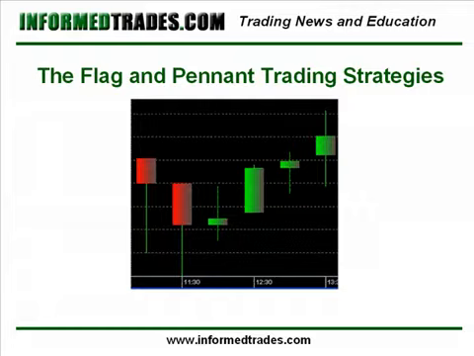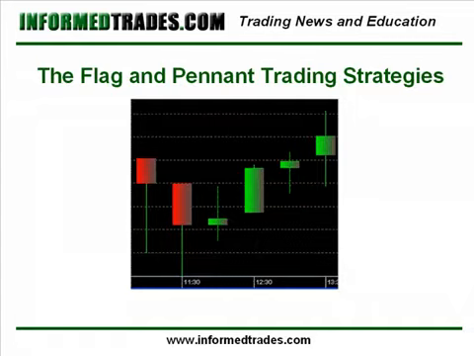The point at which they're going to look to get long is the break point of the upper resistance line of the flag, and then the target for the trade is calculated by measuring the flagpole, or the distance between the high point of the run-up and the low point of the run-up that forms the flag, and then projecting that distance upward from the break of the top resistance line. The stop is then placed just below the bottom support line of the flag.